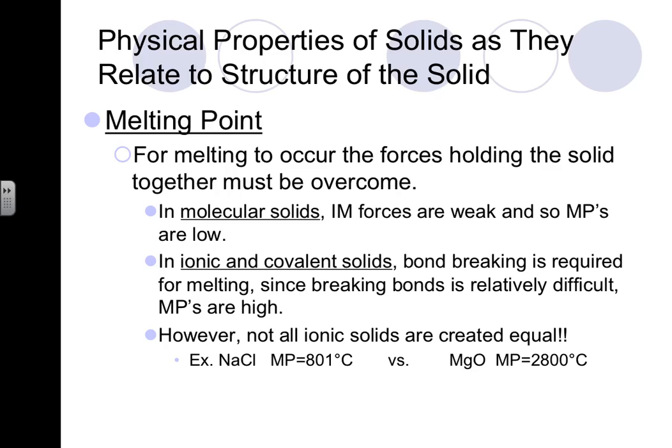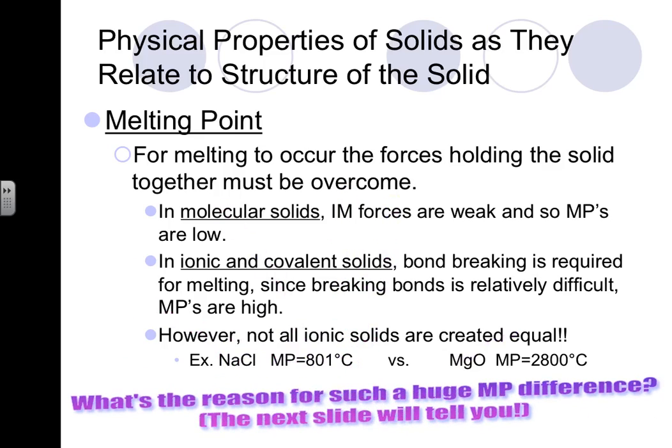What the heck is going on here? The reason for that, we're going to continue on and talk about on the next slide. But I need you to recognize that when you compare two ionic compounds, they will both have relatively high melting points, but there are also other factors at work. So why does magnesium oxide have such a high melting point versus sodium chloride?